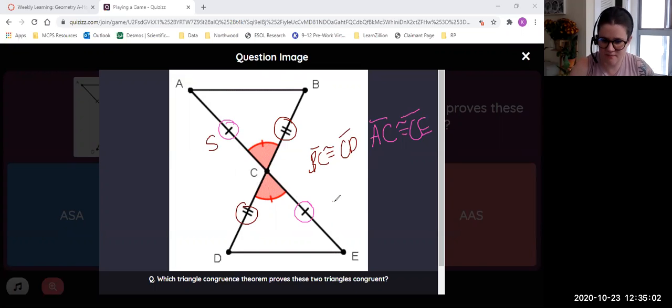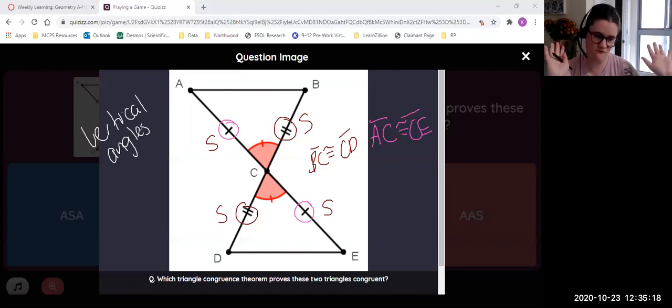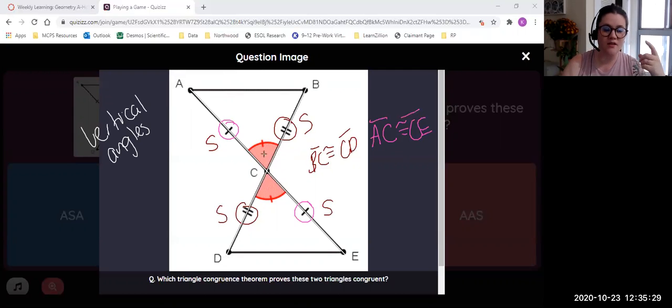So this is a side, this is a side, and this, right? So these two are those vertical angles, which I know we talked about before today. Vertical angles, what does that mean? Well, whenever two lines cross like these do, the angles that are across from each other, like verticals, are going to be the same.